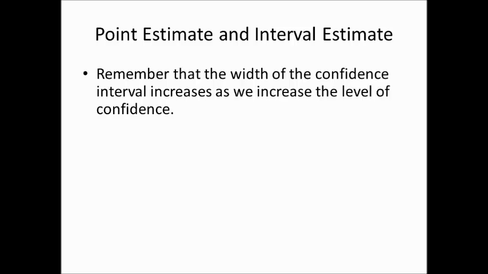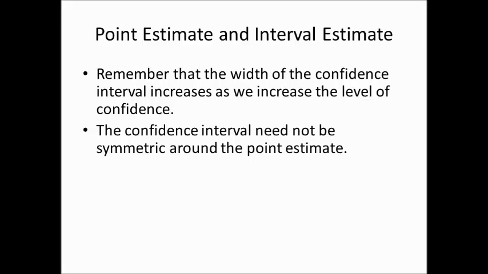Remember that the width of the confidence interval increases as you increase the level of confidence. So a 99% confidence interval will be wider than a 95% confidence interval. A 95% confidence interval will be wider than a 90% confidence interval. So as you increase the level of confidence, we get a wider interval.